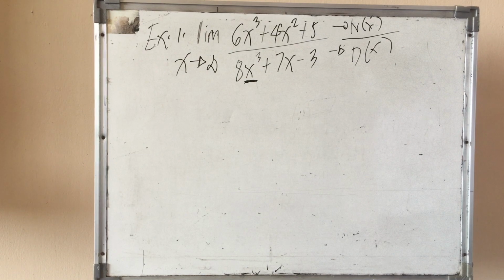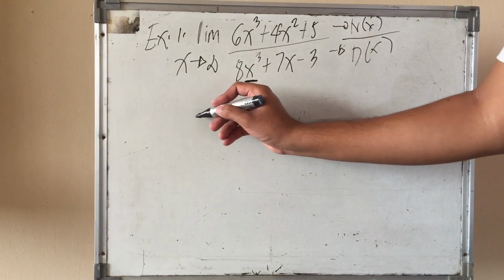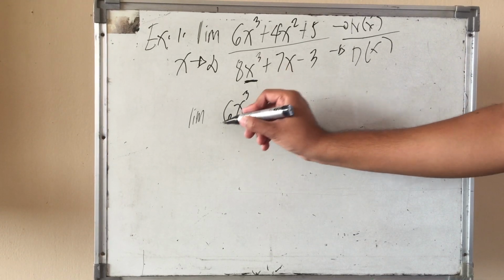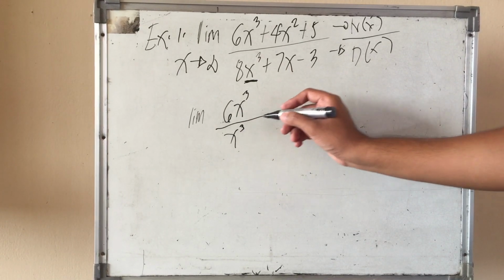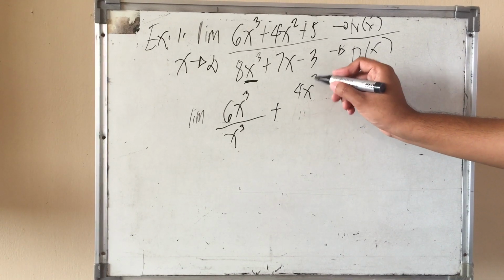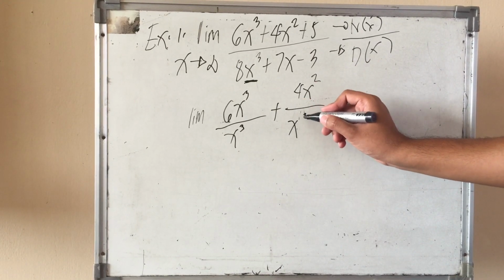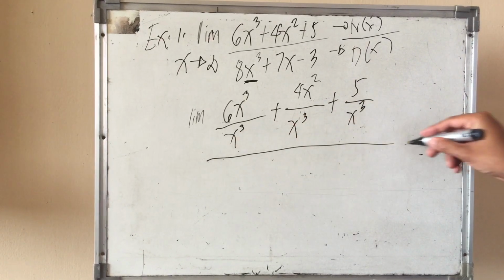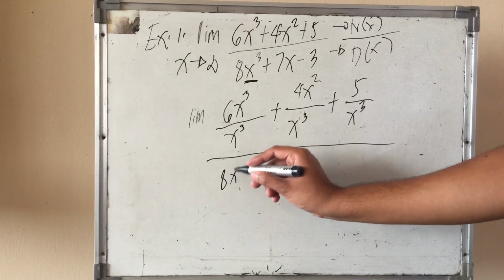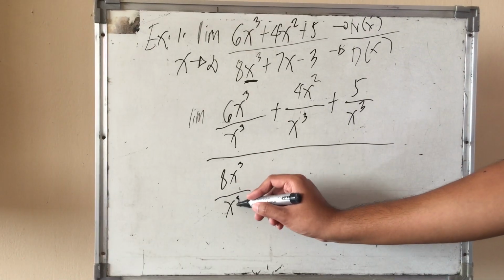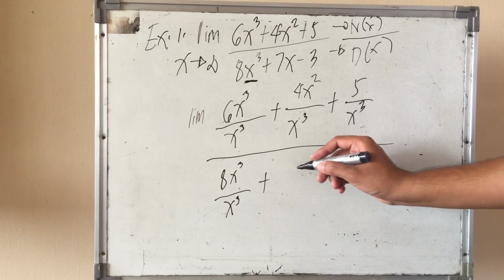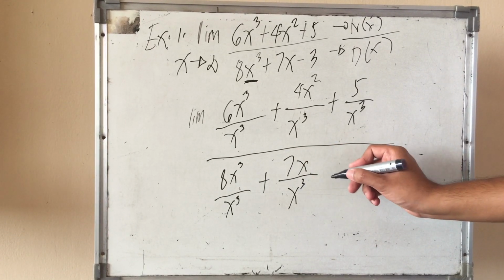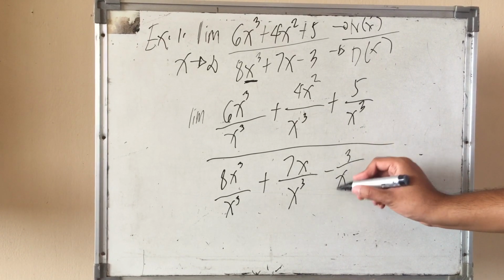By doing that, we have the limit of 6x cubed divided by x cubed plus 4x squared divided by x cubed plus 5 over x cubed, all over 8x cubed divided by x cubed plus 7x over x cubed minus 3 over x cubed.